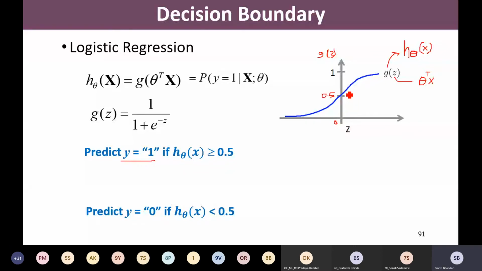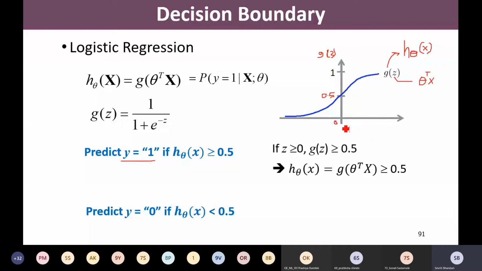So if my hypothesis value falls in the upper range 0.5 to 1, including 0.5, we label our sample as class 1. Otherwise, if my h theta x lies in the range 0 to 0.5, we label our sample as class 0, y equal to 0.